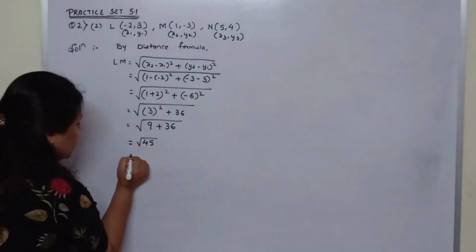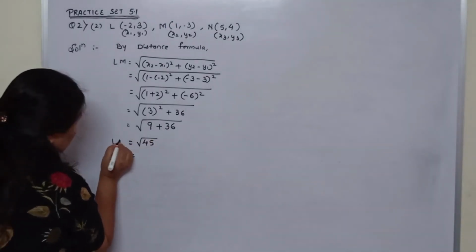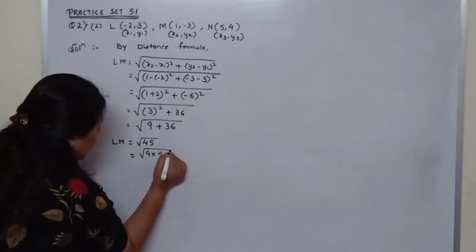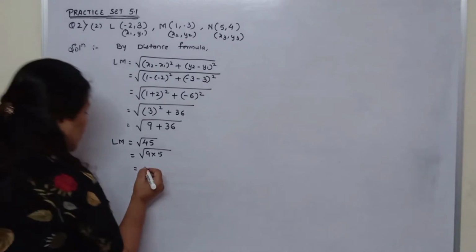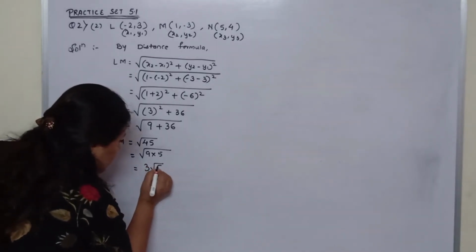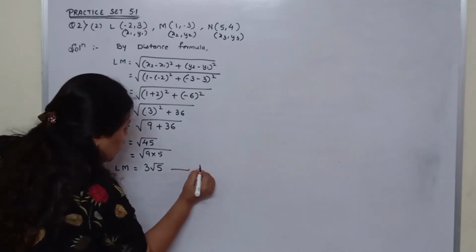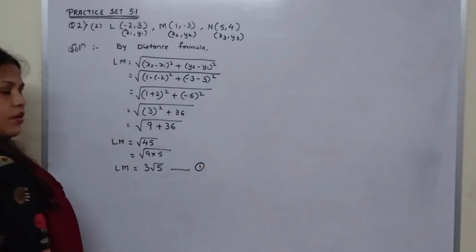Okay. So we can keep it as it is, or we can take 9 5s are 45, so it will be 3 root 5. Okay. So LM equals 3 root 5 as our equation 1.